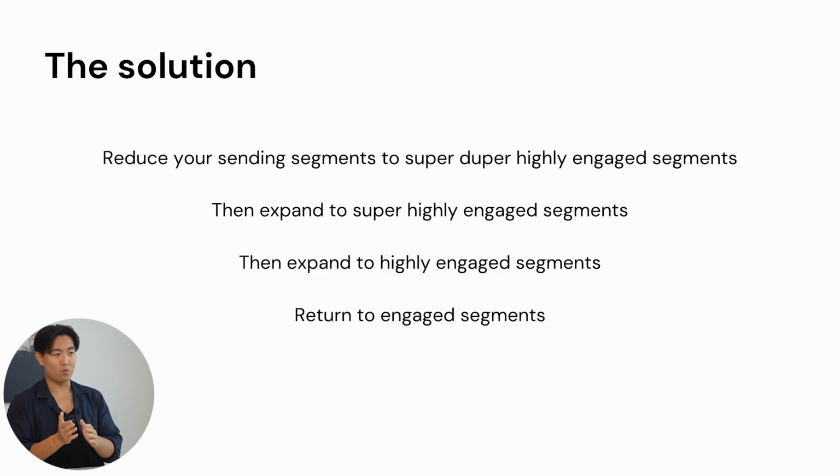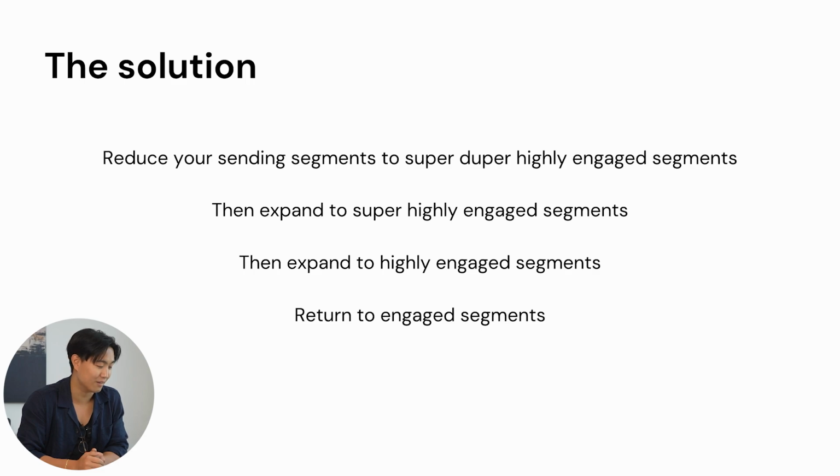You basically want to reduce your sending segments to a super highly engaged segment. And then once you see an increase in metrics, you want to expand to a slightly broader segment. And then if you see an increase in open rates after that, you're going to broaden out to a highly engaged segment instead of a super highly engaged segment. And then after that, you're just going to return to your regular engaged segments.